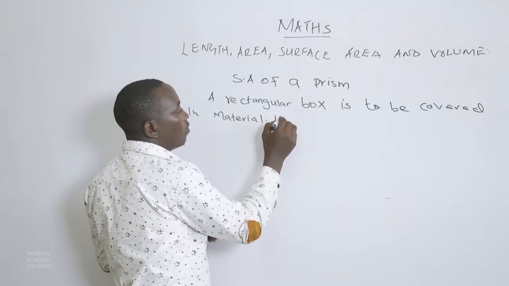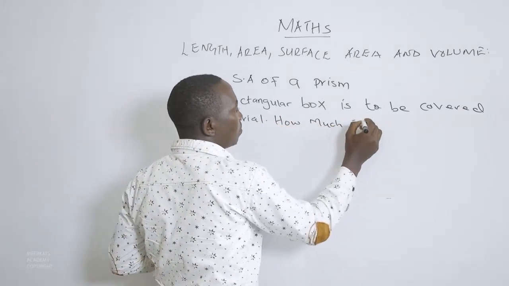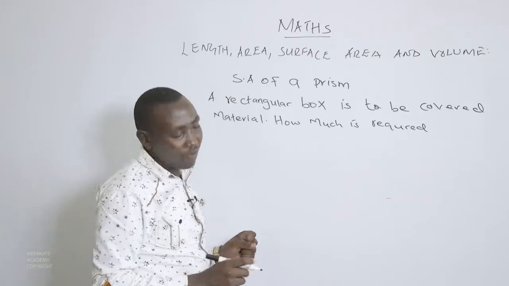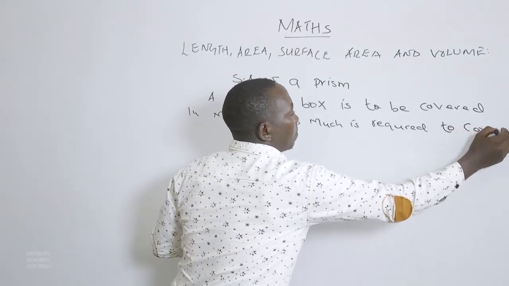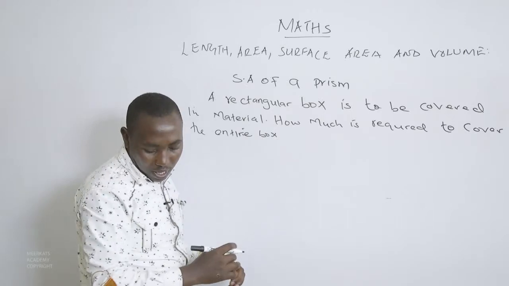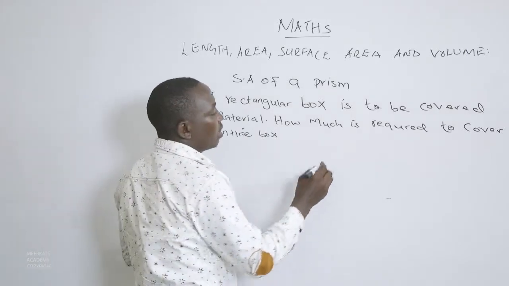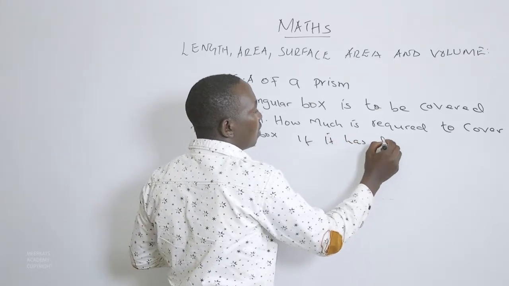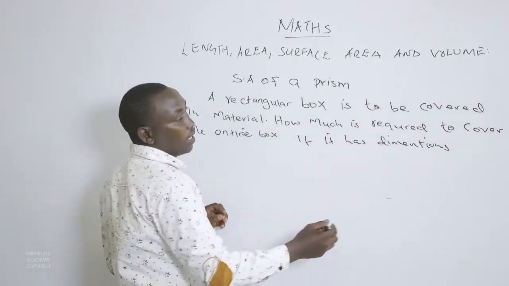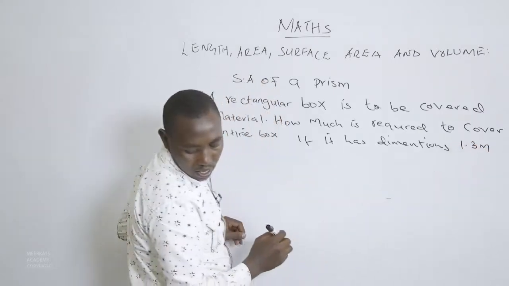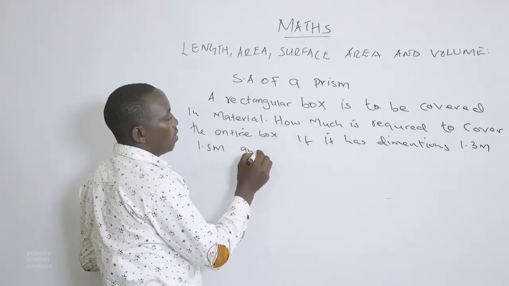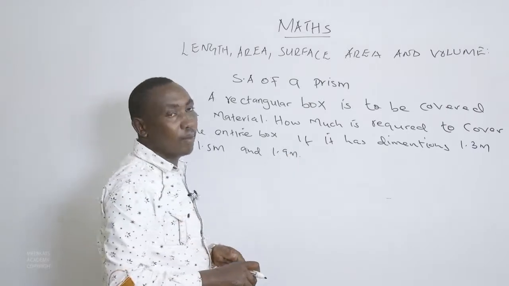How much is required to cover the entire box, if it has dimensions 1.3 meters, 1.5 meters, and 1.9 meters?